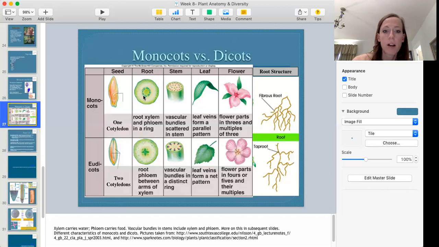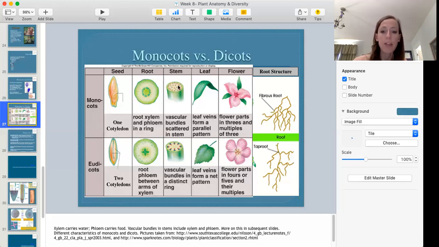So you'll see here a vascular cylinder where you've got the xylem and the phloem located there. Versus in a dicot, the xylem forms an X or a cross in that root. And then the phloem is going to be located in sort of the arms of the xylem. So phloem will be in here or in here, and the xylem will be forming this X. Okay. So again, remember xylem is responsible for water movement, phloem is responsible for food movement.